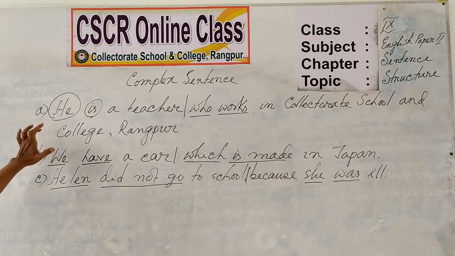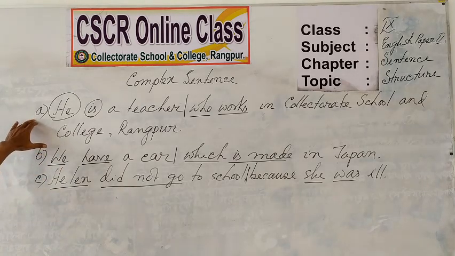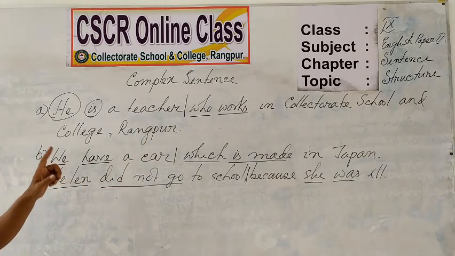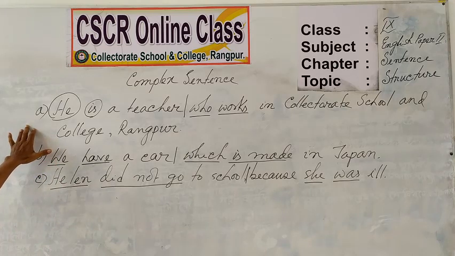Look at sentence A. In the first part, he is a teacher. If we finish the sentence there, then it expresses complete meaning. But the other part, who works in Collectorate School and College, Rangpur, here is also a subject and finite verb, but this part alone cannot express full meaning. That means this part depends on he is a teacher.